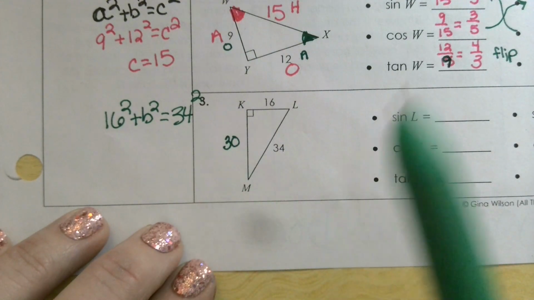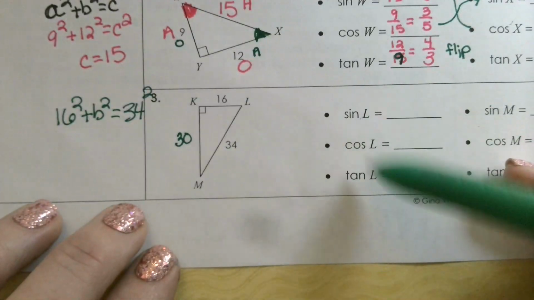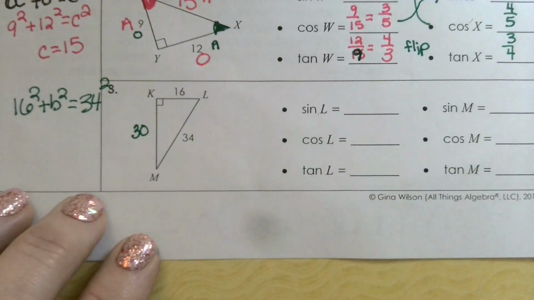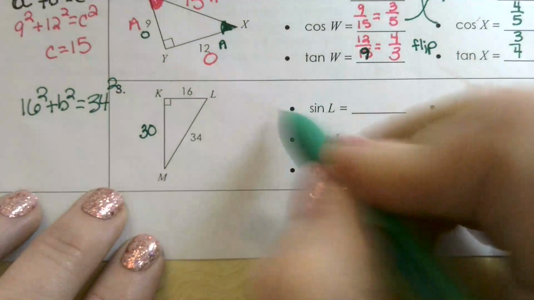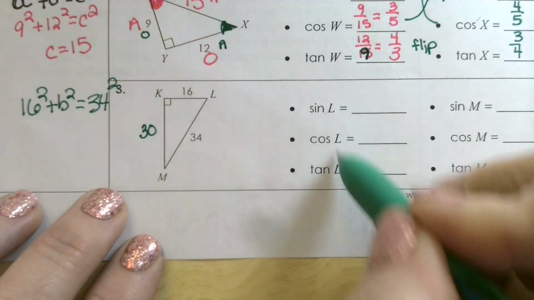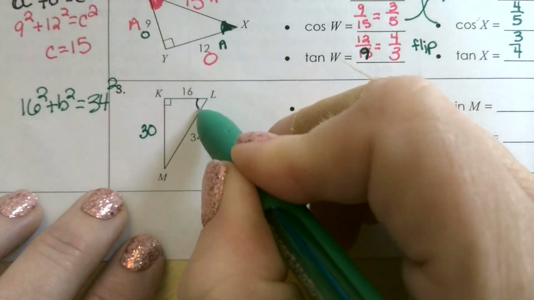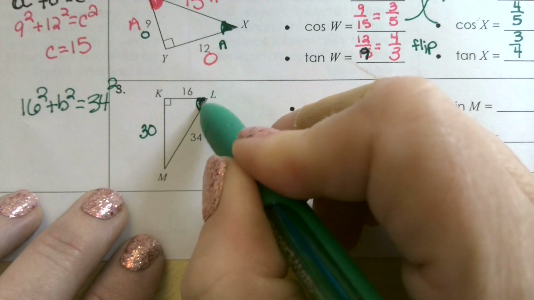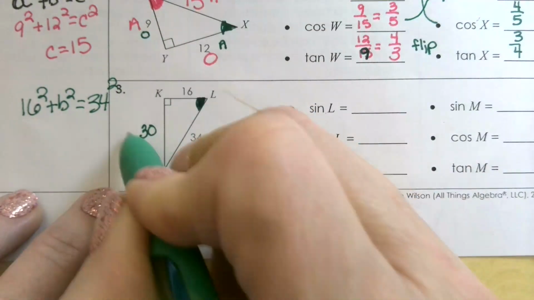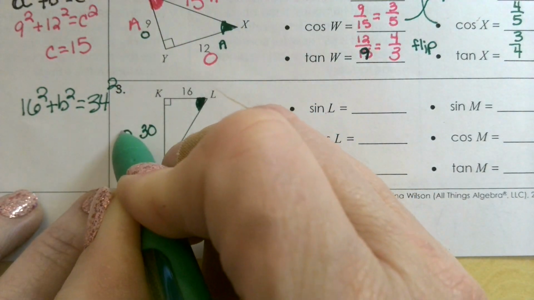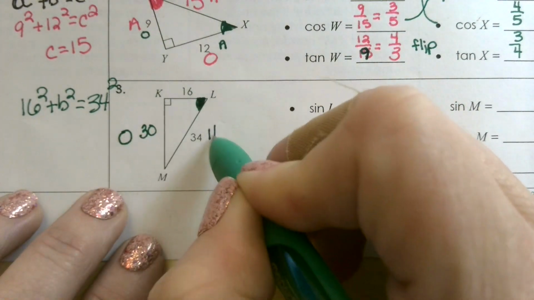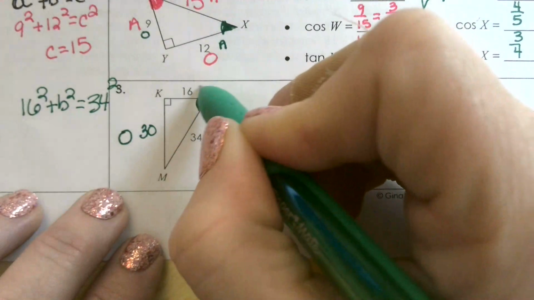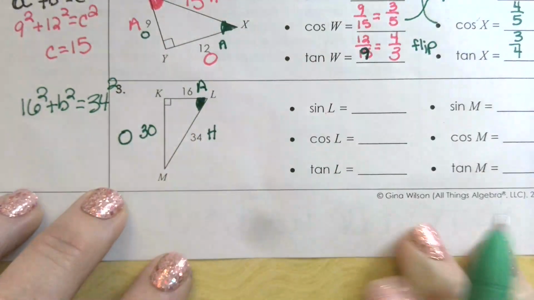Okay, now we're going to find all of these answers. To get you started, I'm using green for all this. Our reference angle is L. So 30 is my opposite. My hypotenuse is 34. That means 16 must be my adjacent.